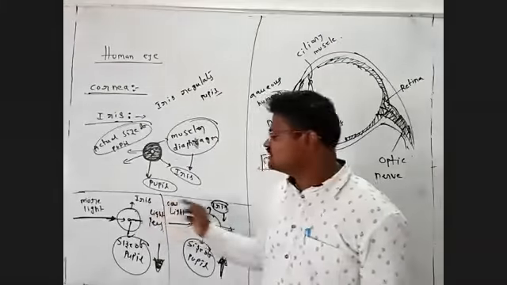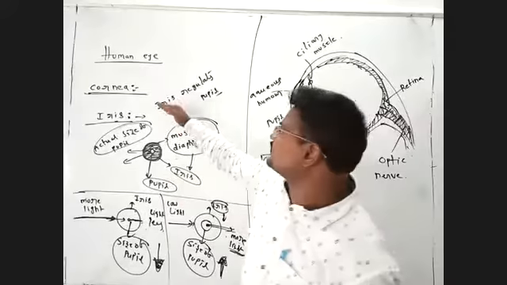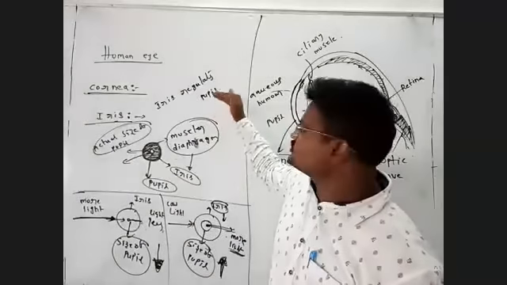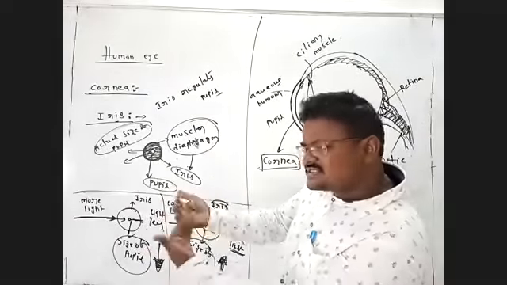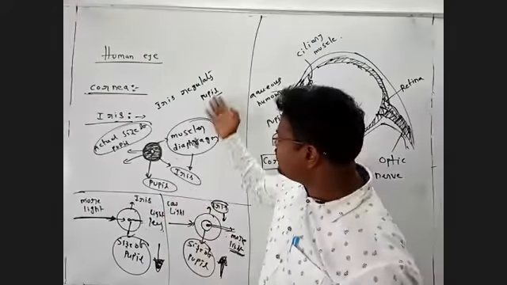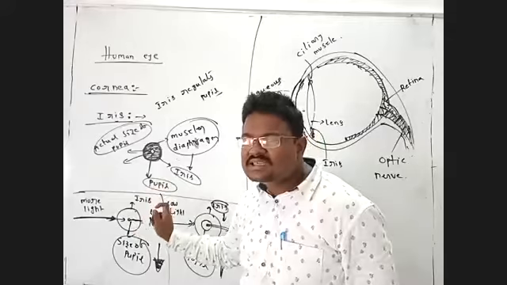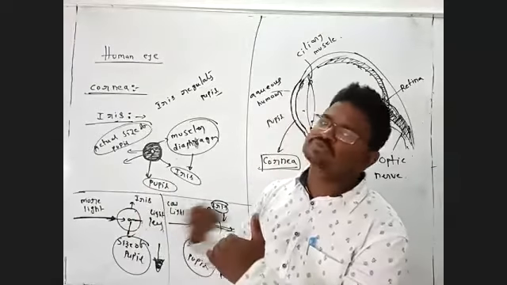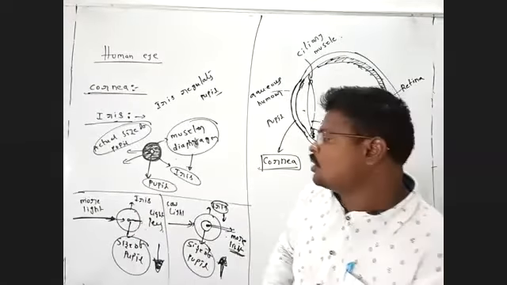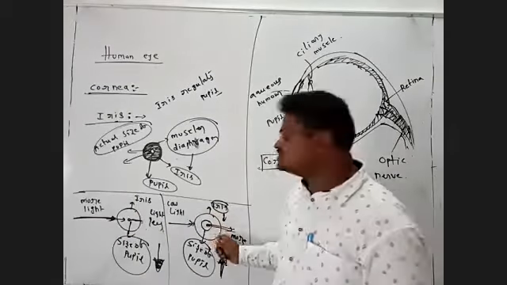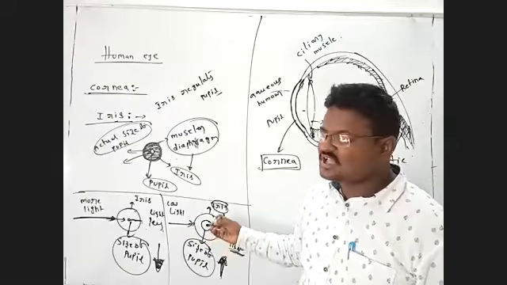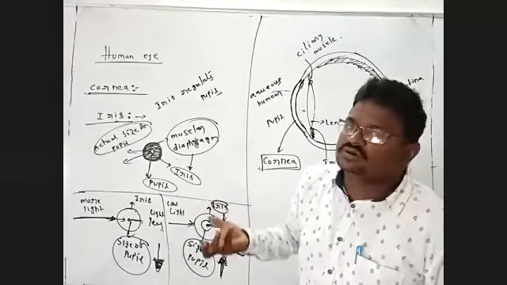This is the function of the iris: it regulates the size of the pupil. When the size of the pupil increases, it allows more light, and when the size of the pupil is smaller, it allows less light. More light falling means it allows less light.